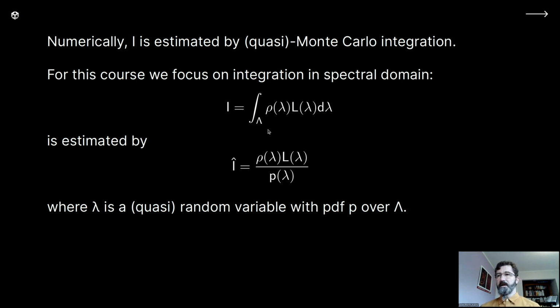So this integral, now written as such, I equals integral over lambda, the spectral domain, of luminance sensitivity at lambda times incoming radiance L. And we estimate this integral by randomly sampling a wavelength lambda and using this estimator, so values of response curves times luminance at this random lambda, divided by the PDF of the distribution that has been used to sample lambda.